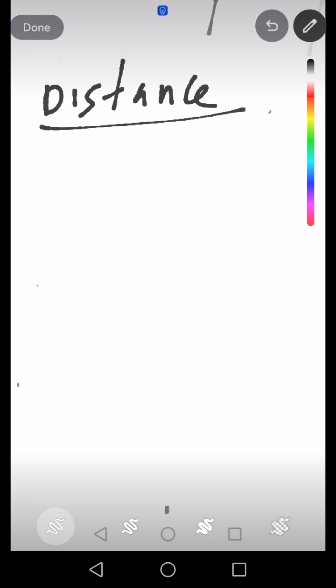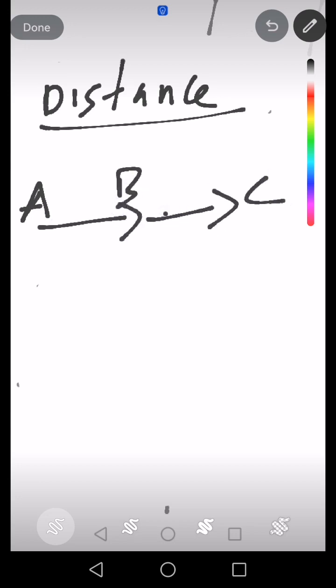So this is an object, starting from A, going to B, going to C. Say this is a person who walks, starting from A. This is the distance. I can say x final and x initial.